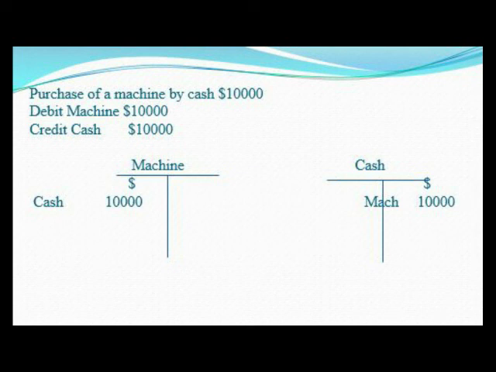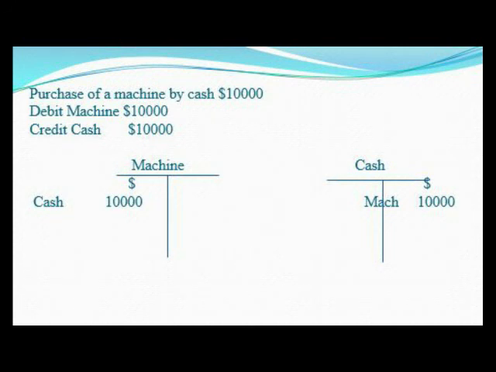We will make 2 T accounts from this transaction, machine and cash. Machine will be debit, and we will show the counter account in this T account, whereas in the cash account, $10,000 is credited, and we will show the counter account in this T account as well.